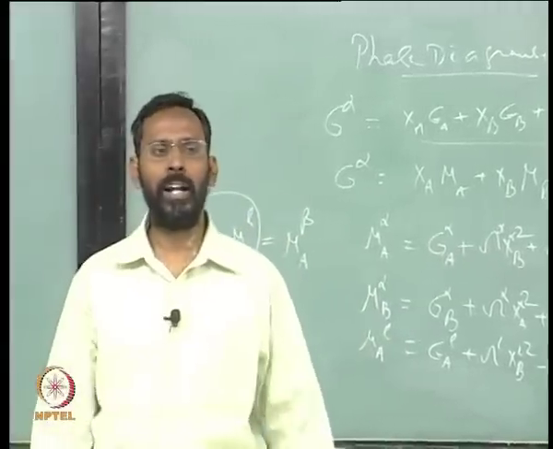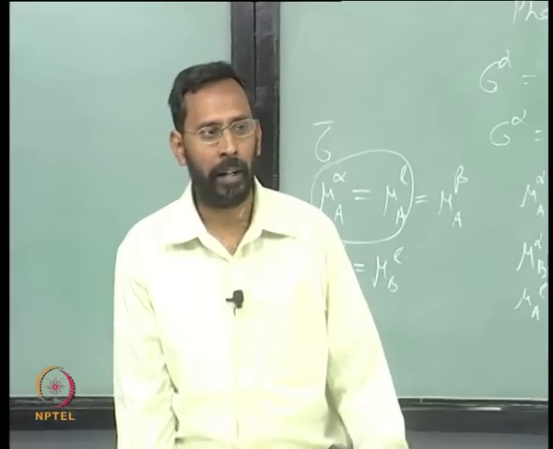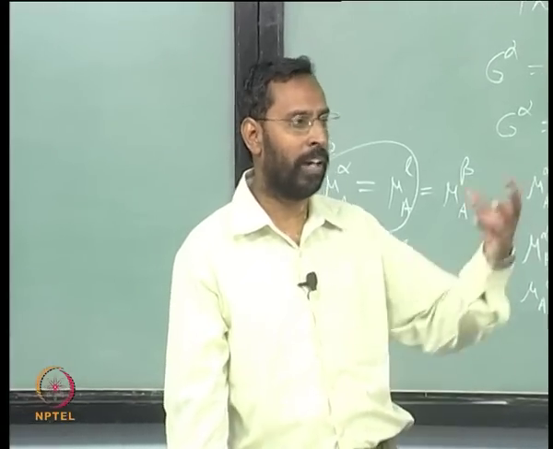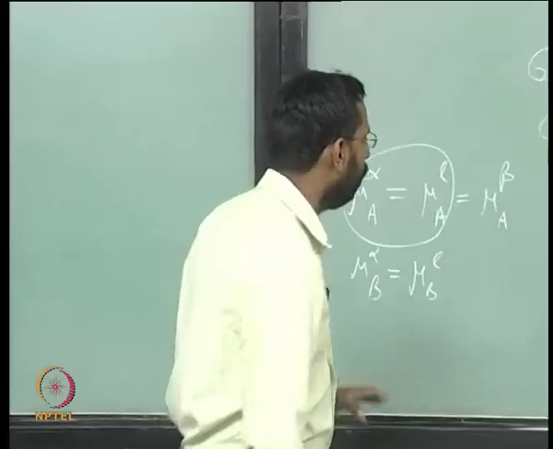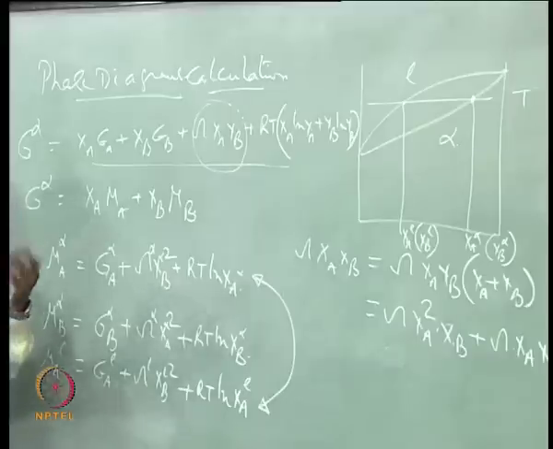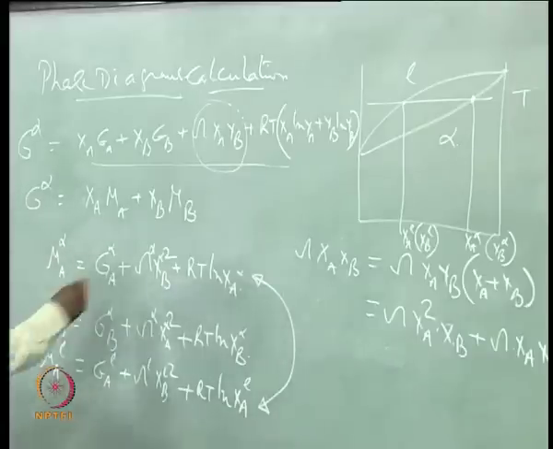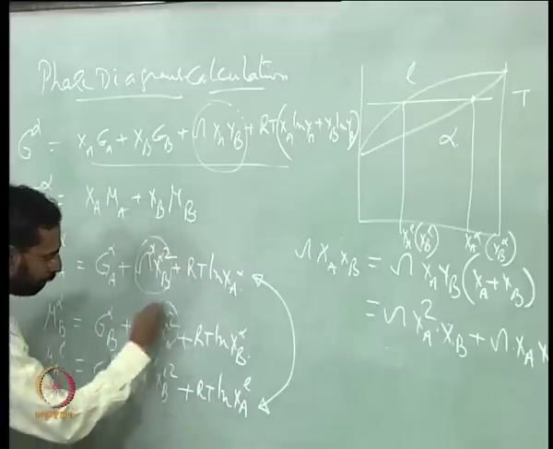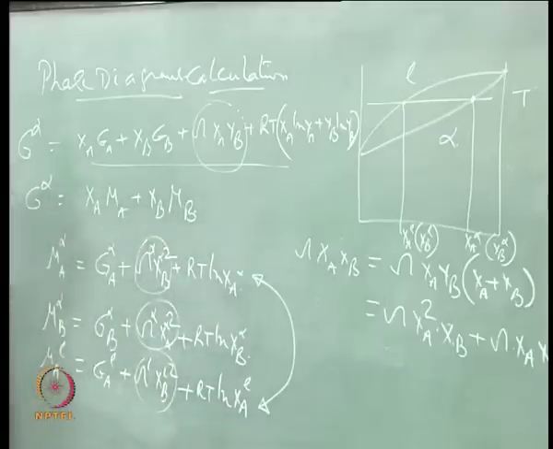If I know omega liquid and omega alpha, which is nothing but the interaction parameter of the liquid and the interaction parameter of alpha, then only I can do this calculation. If I assume that the system is ideal, then these terms will not exist.